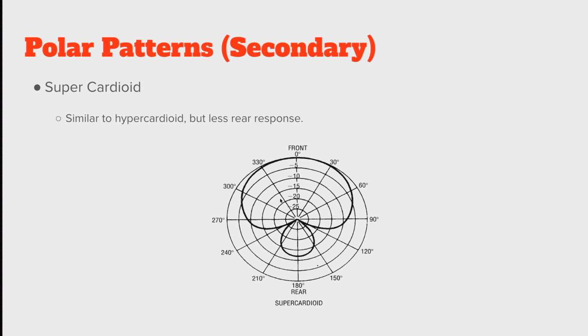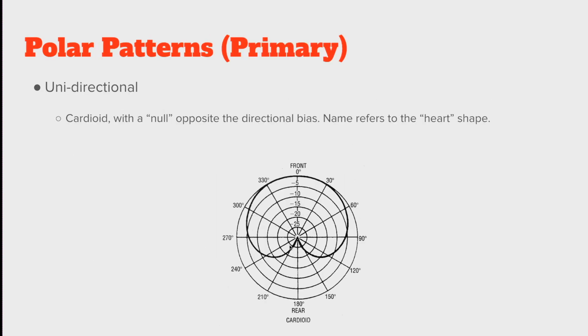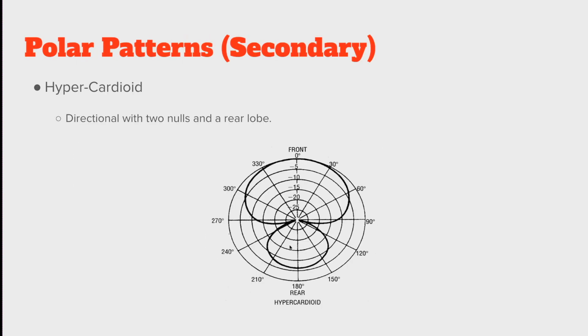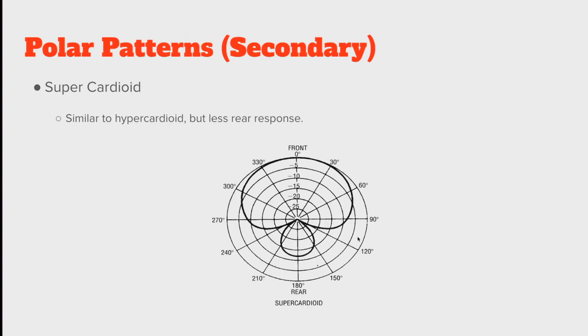And here we see a supercardioid. Again, similar in that we've got a cardioid combined with a bidirectional shape. And if we really look at this rear lobe, it's so much smaller than in the previous slides compared to a bidirectional, hypercardioid, supercardioid.